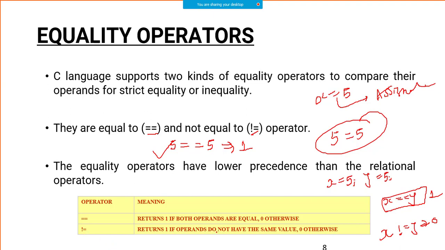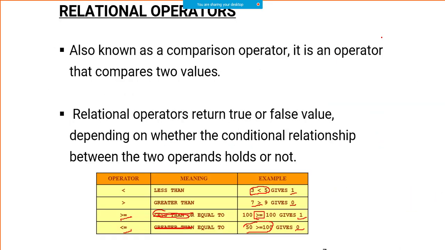Not equal to returns 1 if operands do not have the same value. अगर x is equal to 6 है, y is equal to 7 है, और मैं लिखता हूँ x not equal to y, तो 6 not equal to 7, आंसर आएगा true. Right? Now, these all are the relational operators. Is it clear? Less than, greater than, equal to, less than equal to.